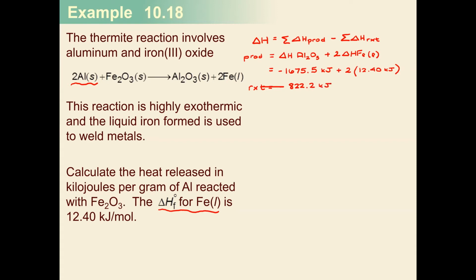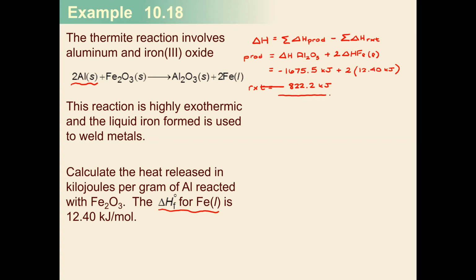kilojoules. So if we go and do a little bit of math as we're going along, you can see that our products are going to have a value approximately fairly close to negative 1650 kilojoules. And then you are going to see my 822.2, which we're going to have to add because of it being negative.